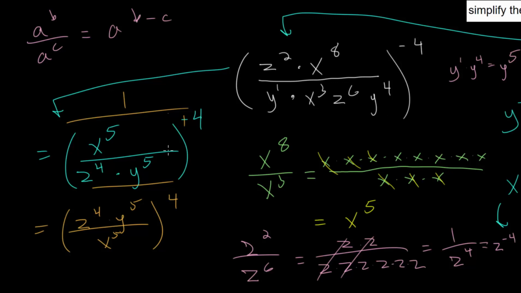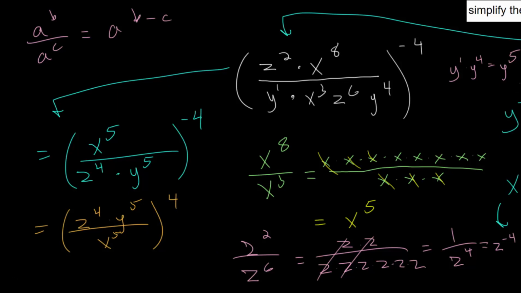And when we're dividing by a fraction, it's the same as multiplying by this fraction flipped over. So we get 1 times this essentially. And that's the process to understand it. But if you just want to remember the rule, when you have a fraction to a negative exponent, you can just flip the fraction and it becomes positive. But I encourage you to think that through on your own using basic principles.